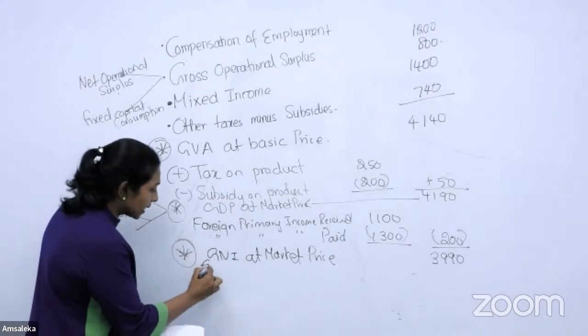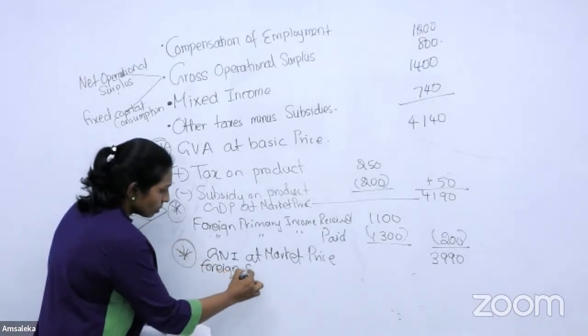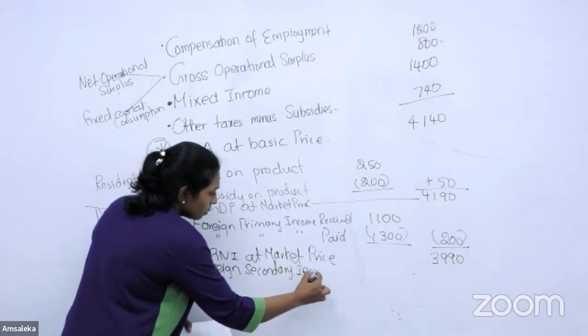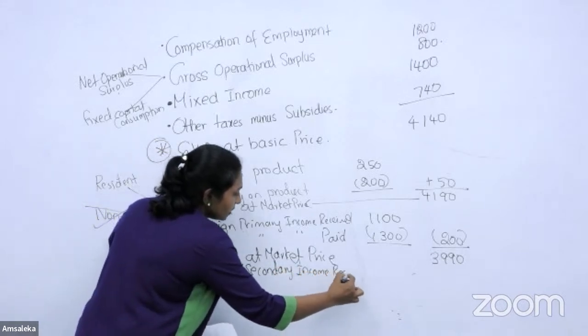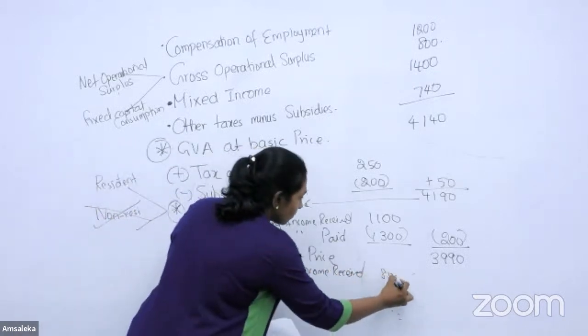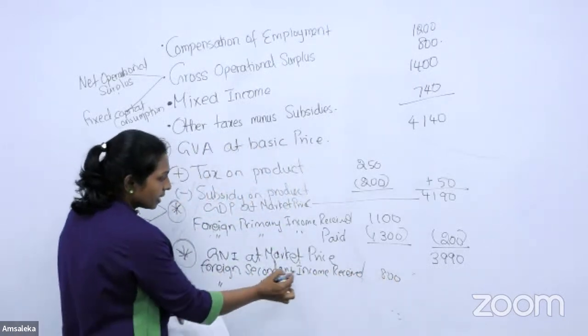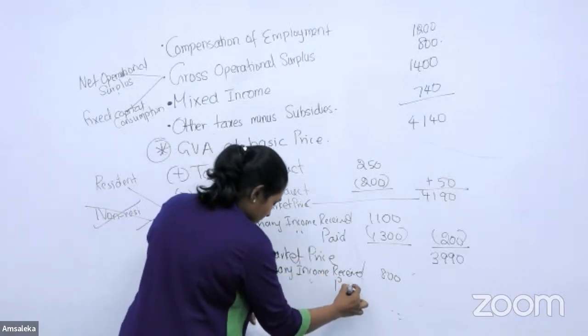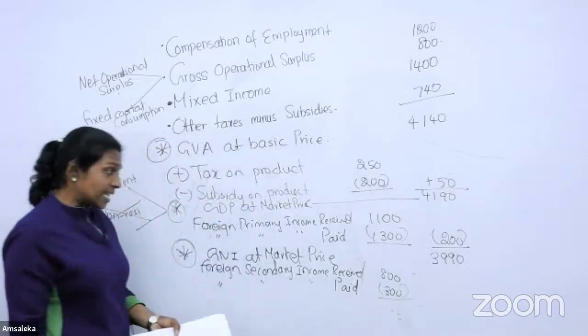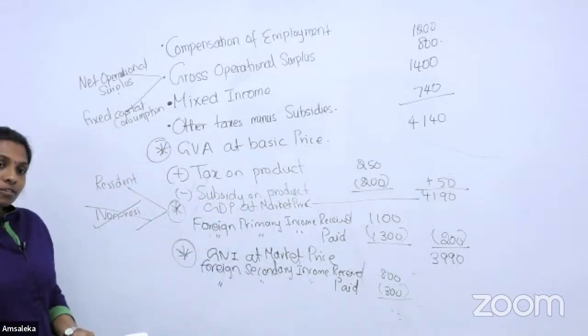So foreign secondary income. Foreign secondary income received. How much is given? 800 is given. The same foreign secondary income paid is given: 300. Now what is the net answer? Net secondary income, 500 plus.